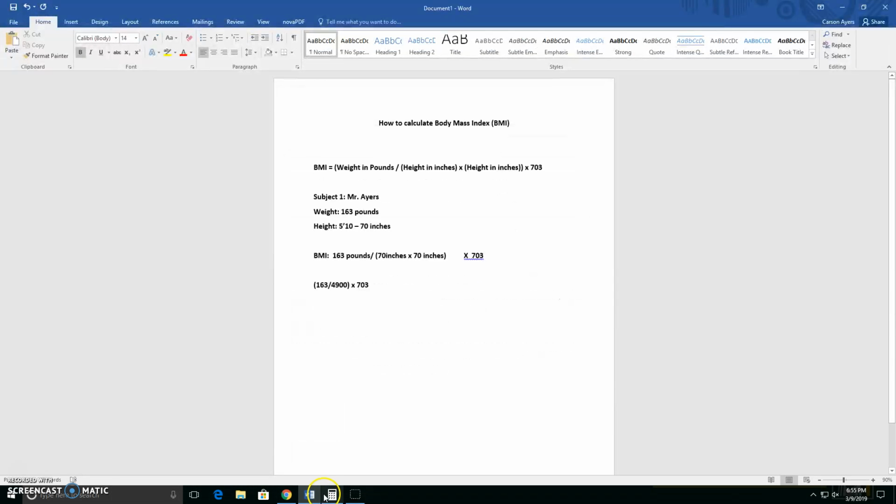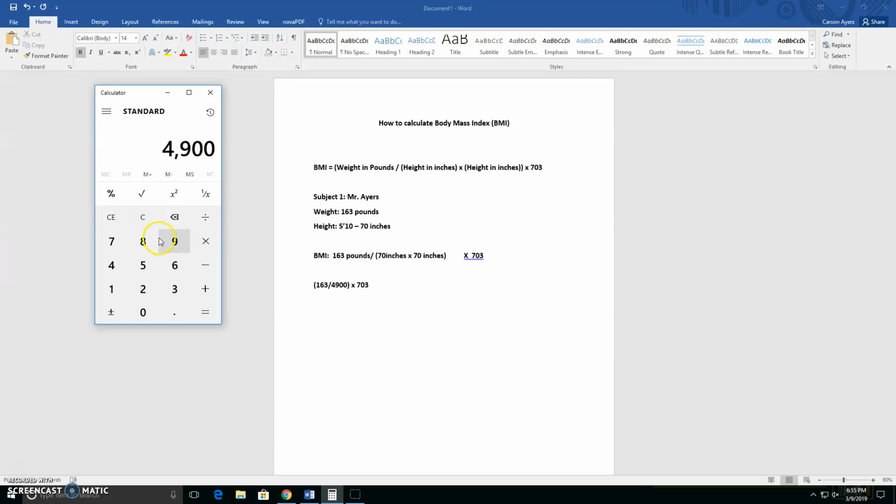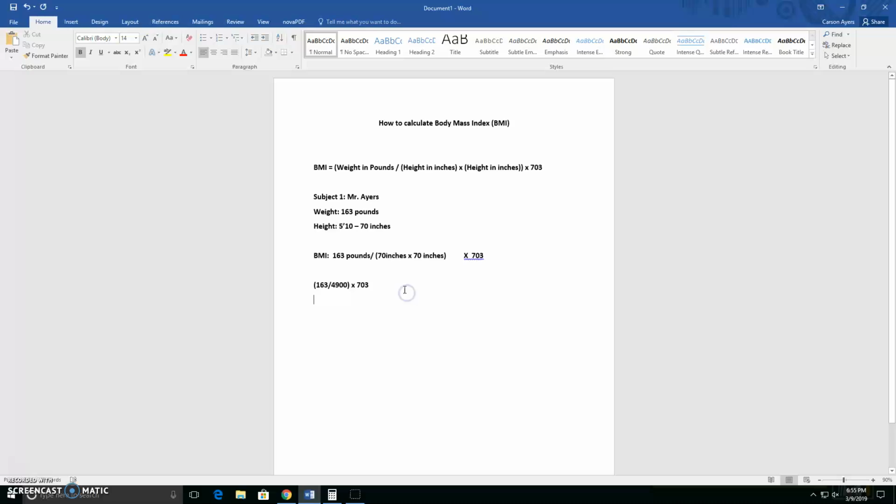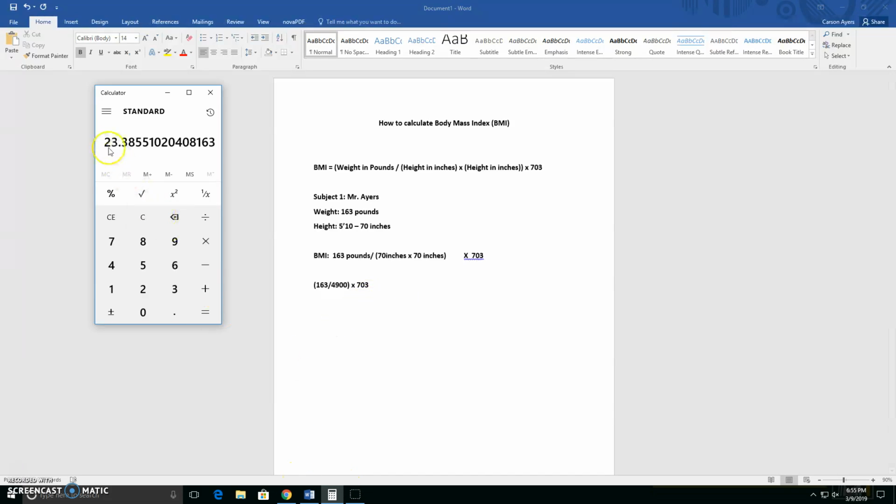So, sorry about that, guys. 163 divided by 4900 is 0.033, so we're going to multiply that by 703, which gives us a BMI of 23.39.